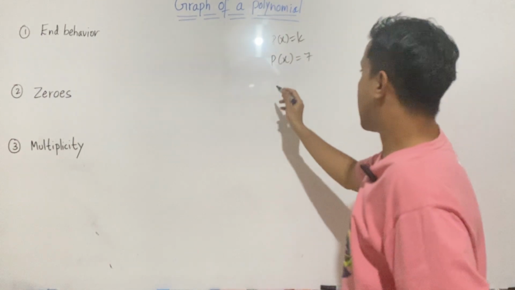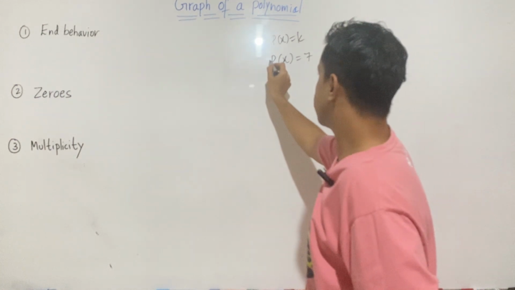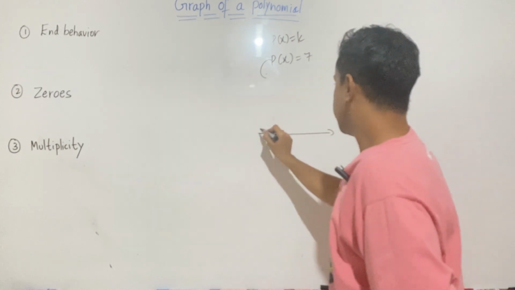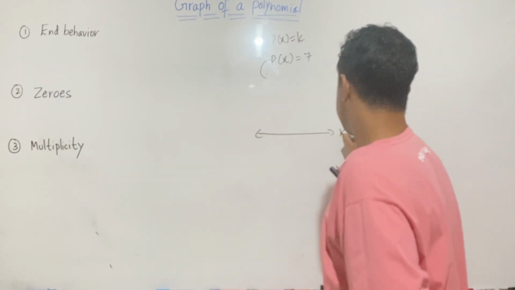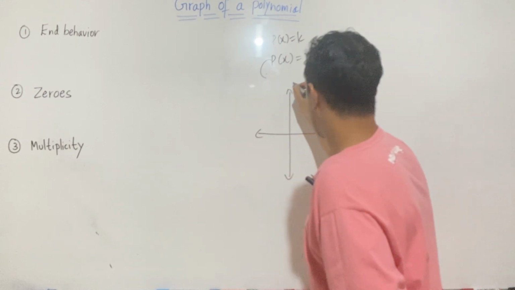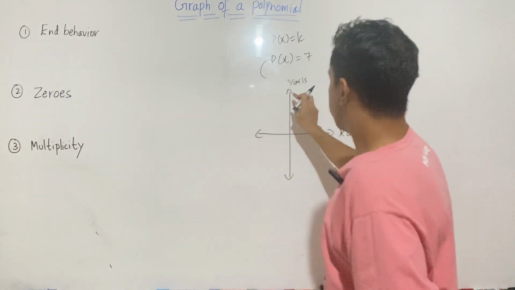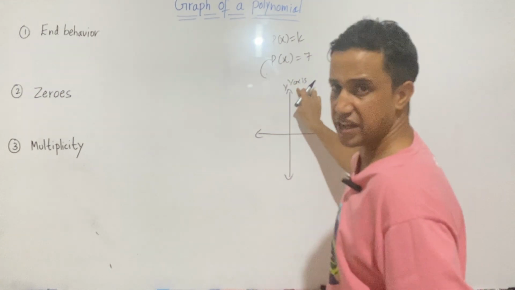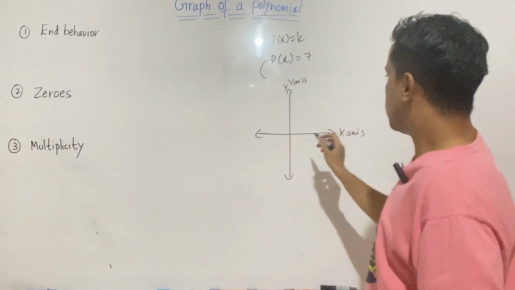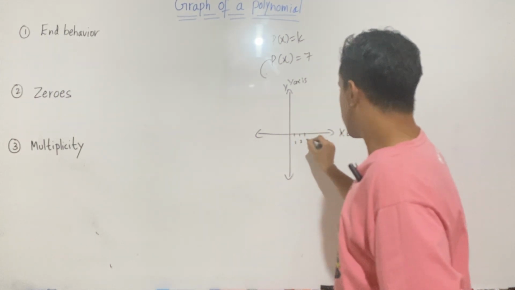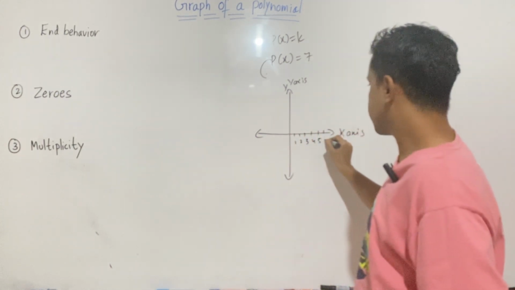Okay, when I draw the graph of this p(x), see here, this is the x-axis, and here this is the y-axis. Here I will write y; you can also write p(x) if you want. Here 1, 2, 3, 4, 5, 6, 7.